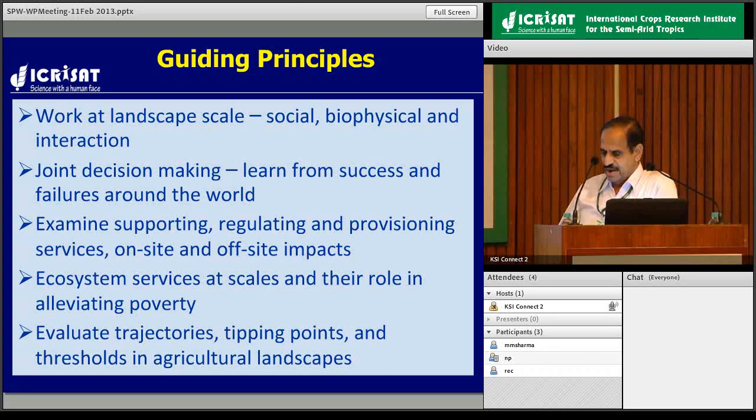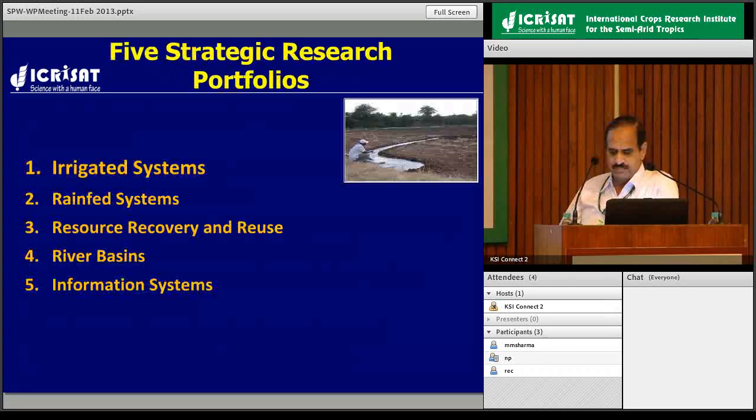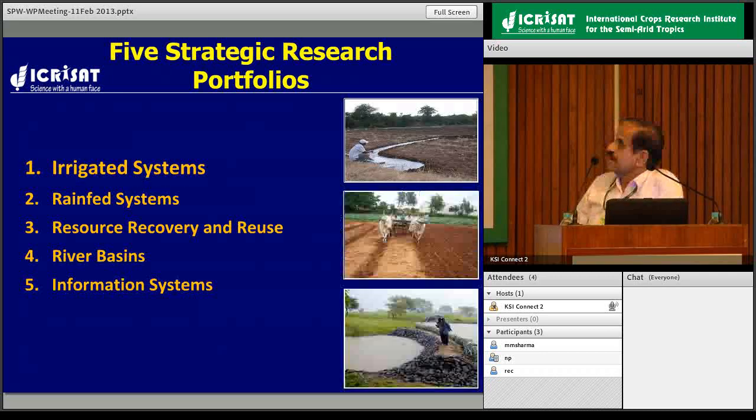And those are the issues which we will be looking into in this particular research program. The 5 strategic research portfolios are, first, one that deals with the irrigated systems, which is mainly the canal irrigation system as well as the groundwater irrigation systems.